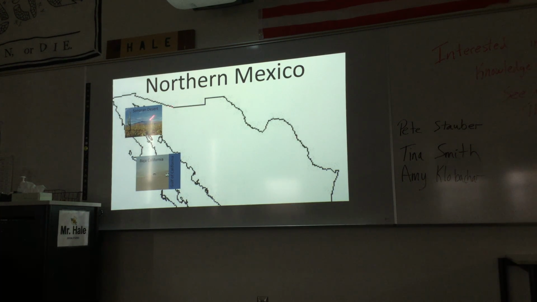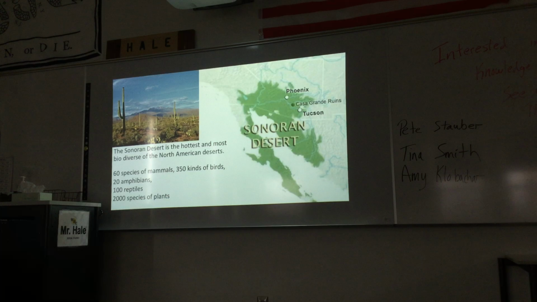So the Sonoran Desert is kind of this part of Baja California, and then kind of wraps around into mainland Mexico here. And a couple things with the Sonoran Desert. Of all of the deserts in North America, it is the hottest and it is the most biodiverse.